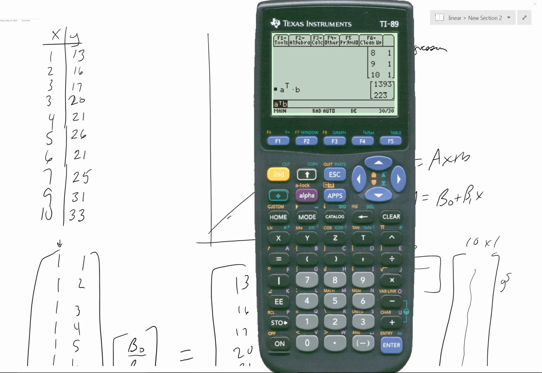Now I'm going to take that answer, whatever it happens to be, and I'm going to multiply out in front of it by A trans. Darn you, all the thunder.